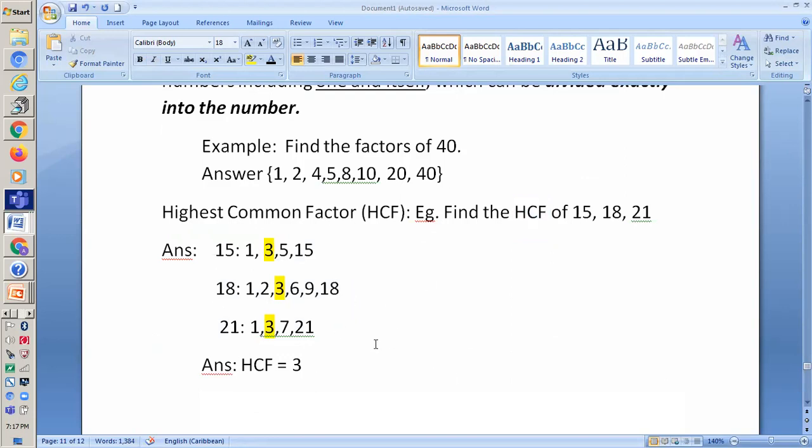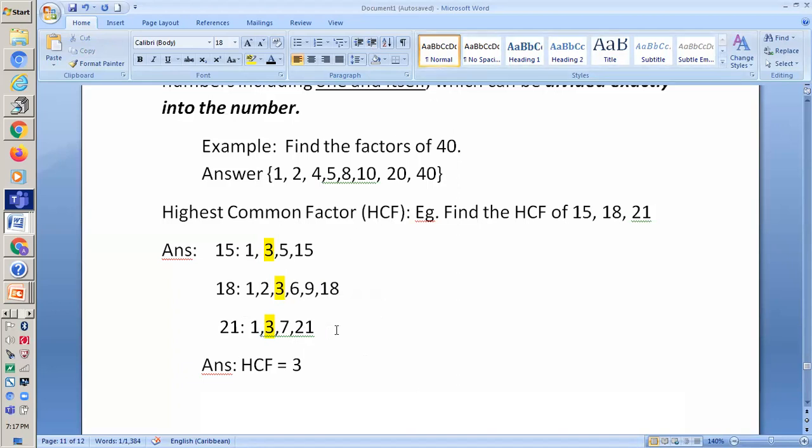So if you look at all those numbers, you realize that 1 is a common factor and 3 is also a common factor. So 3 would have been the highest common factor. All right, ma'am? Yes, you're correct. It's higher, basically. It's more than 1.